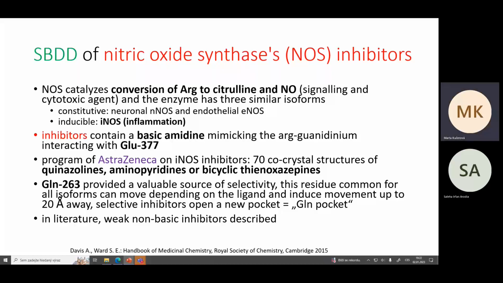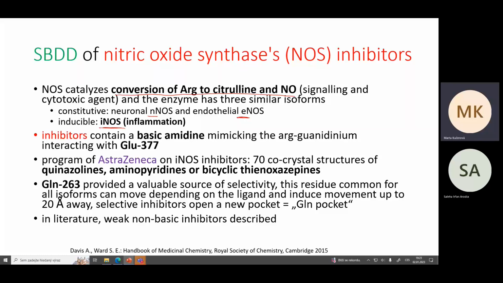And I would like to continue with a structure-based drug design of nitric oxide synthase. It is known that this enzyme catalyzes conversion of arginine to citrulline and nitric oxide, which is a vasodilating agent. And there are 3 isoforms of this enzyme. The first one is neuronal, the second one endothelial, and the third one is inducible inflammation nitric oxide synthase.